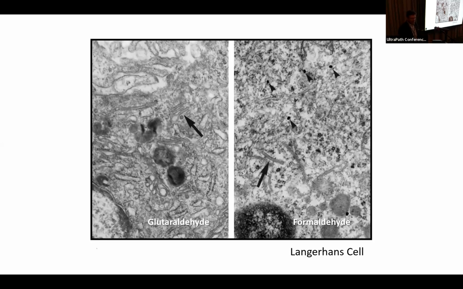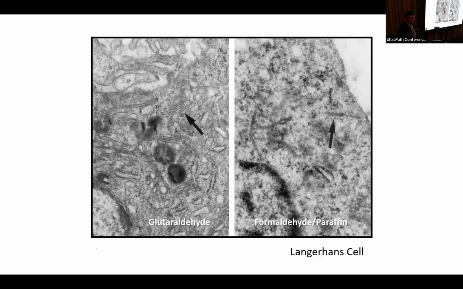But we can also look at formaldehyde or formalin fixed tissue. In the image here on the right, you lose a little bit of resolution, but depending on what you're looking for and what the question is, you can see that the Birbeck granules are still identifiable. So here are Birbeck granules in these Langerhans cells in the glutaraldehyde fixed tissue, and then in the formalin fixed tissue.